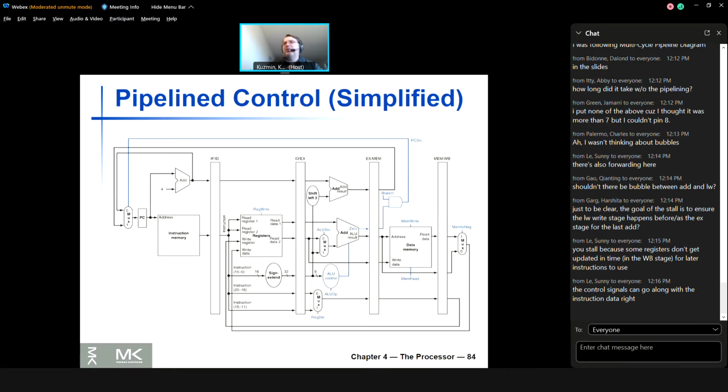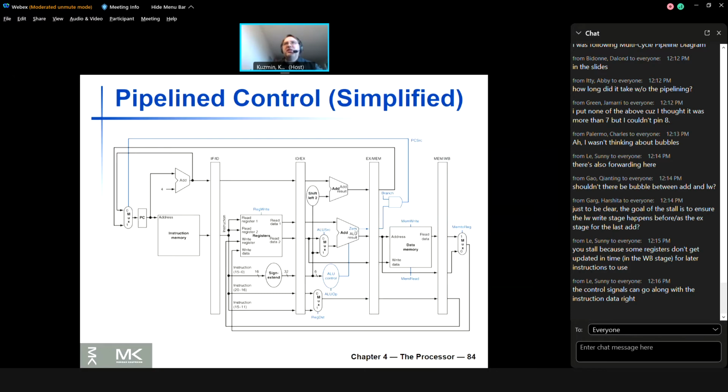Let me actually move my windows again so that I can see what people are saying. And yes, someone says the control signals can go along with the instruction data. Exactly. We need to keep the control signals saved in our buffers, in those registers that are in between the stages. Exactly. And we will see this shortly.